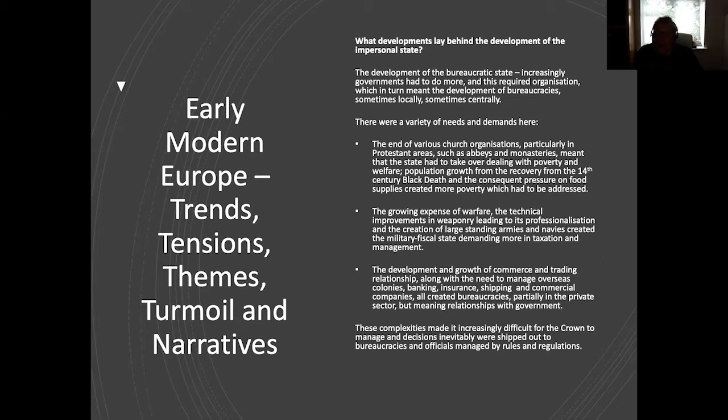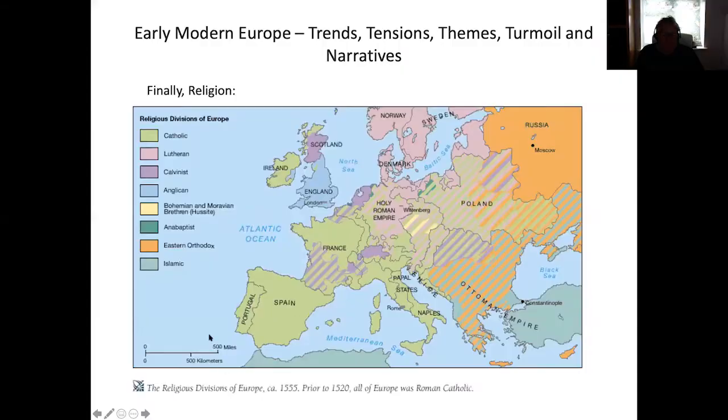And the consequence of that is state bureaucracies which manage these and police them, if you like. And this all meant that it was increasingly difficult for the Crown to manage. Decisions inevitably get delegated to bureaucracies and officials who are managed by rules and regulations. So the Crown becomes, if you like, more remote.